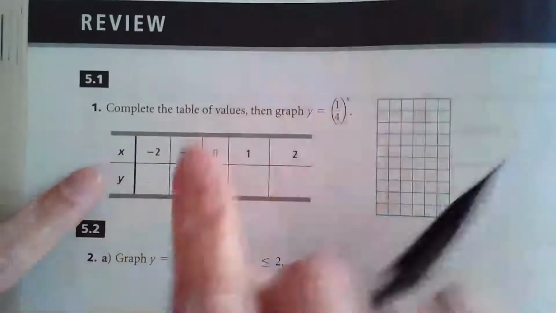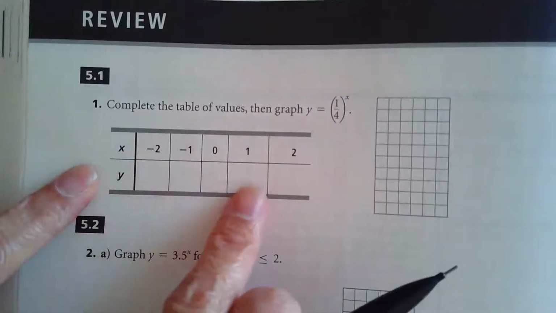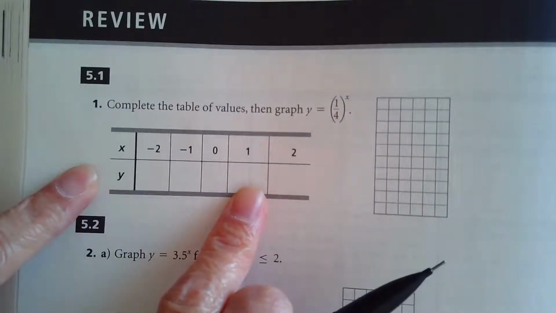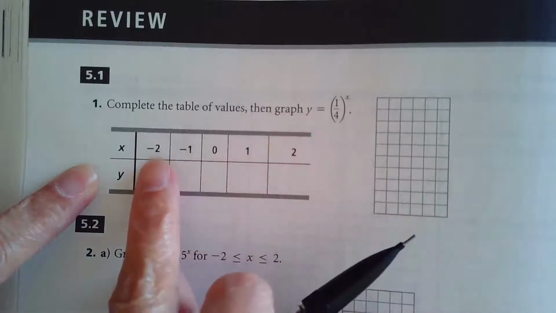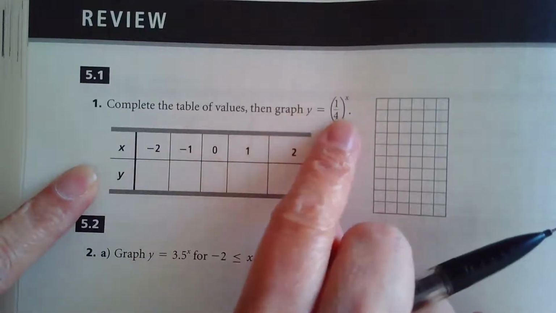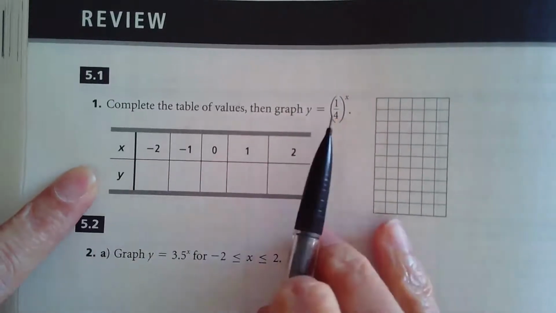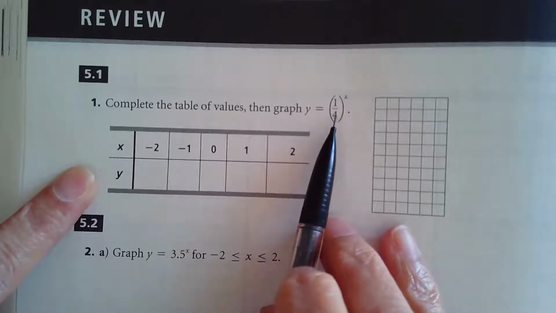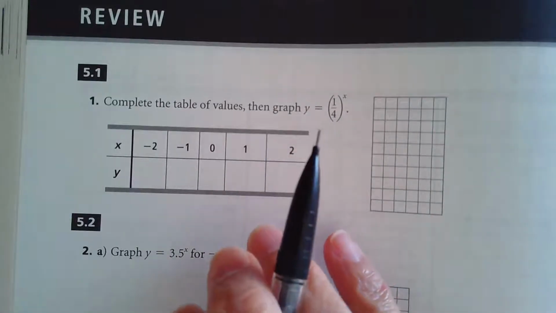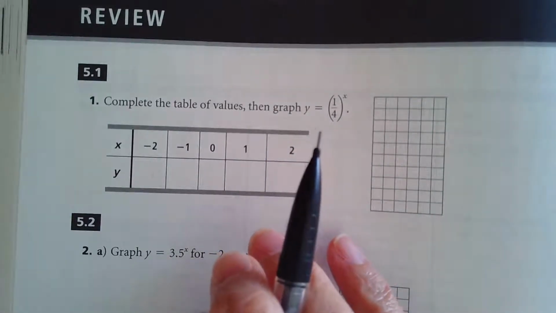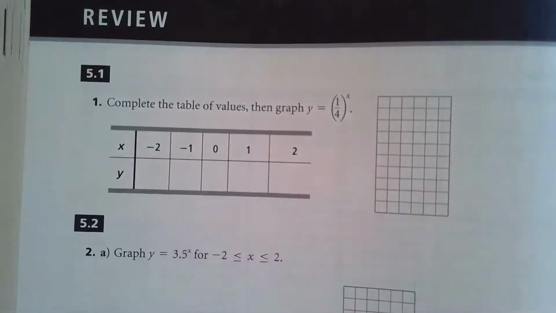The table of values is pretty much created for us. So what we can do is substitute the x values and solve for y. Maybe I'll do that on a separate sheet of paper, so it's probably easier.